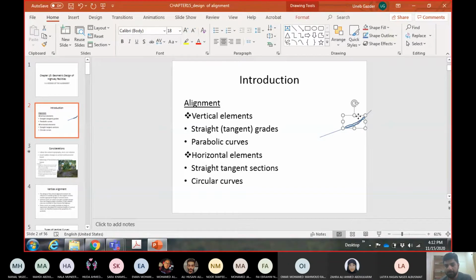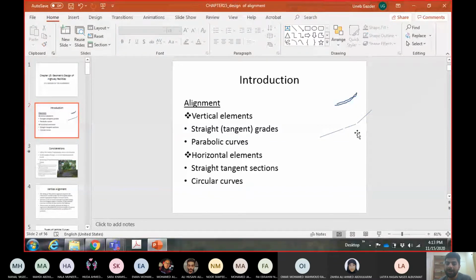Let me remove it. So if I'm looking at this sketch in the horizontal plane, these are two tangents. If I'm looking at this picture in the vertical plane, then these are two gradients. Okay, whatever the case is. So if I don't provide any curve, what will happen? There will be a corner here, and the vehicle will come like this and it will bump here.